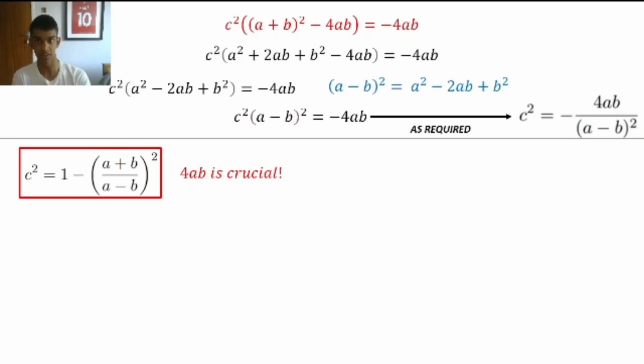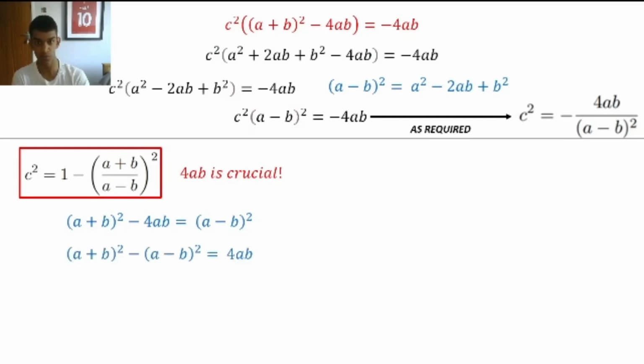At the top of the screen, you can see that we have a plus b all squared take away 4ab. And what does this end up being equal to? It's equal to a minus b all squared. And once again, we're going to use this and get 4ab by itself on the right hand side.